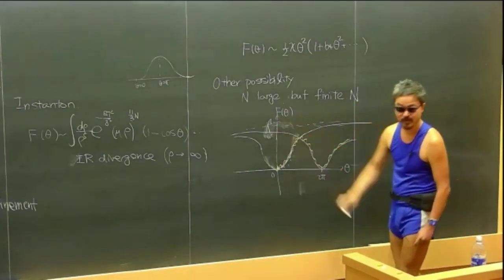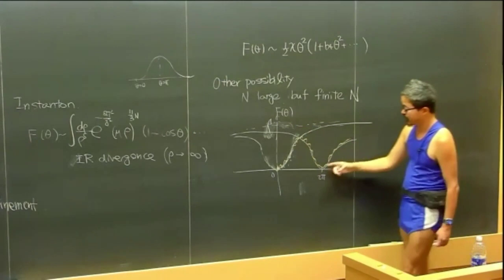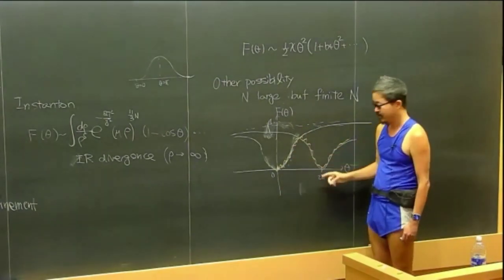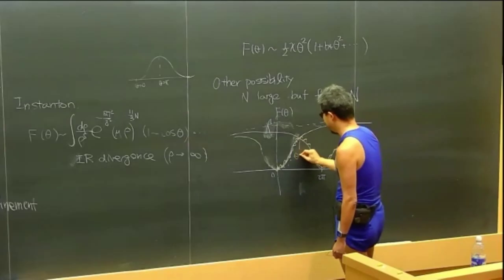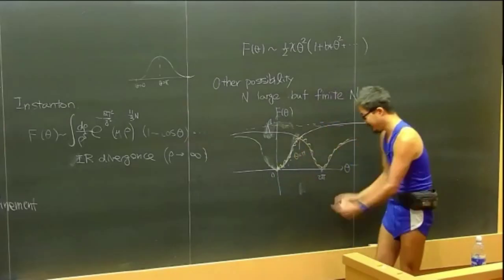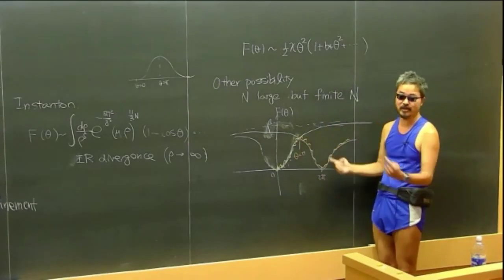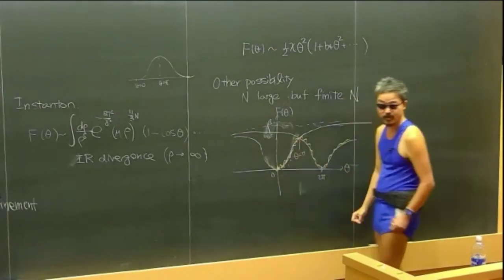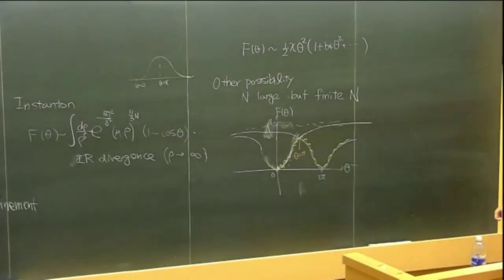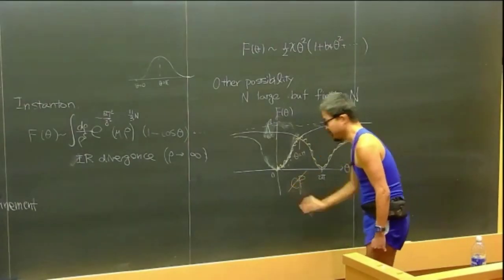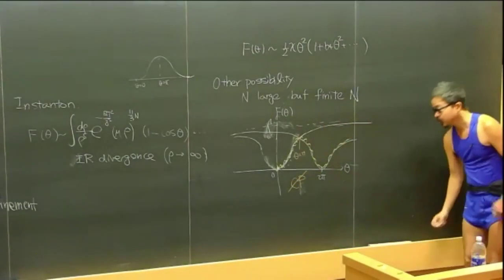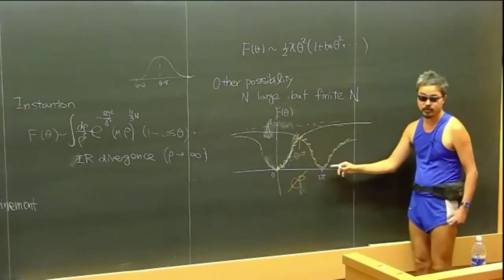There's another branch, etc. But if you try to look at the minimum energy branch, it's like this. And then, thank you for asking that, indeed there is a cusp at theta equal pi. Because this is 2 pi, so this is right in the middle. And in general, it's a non-trivial function. There is a cusp at theta equal pi, and that means that CP is spontaneously broken. So that's the non-trivial statement.